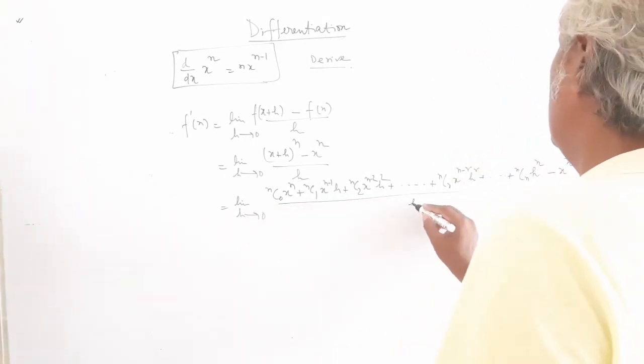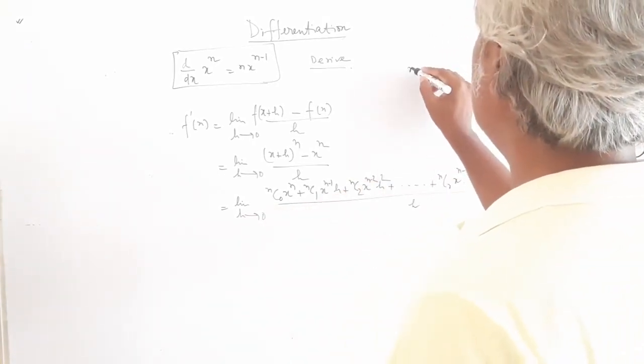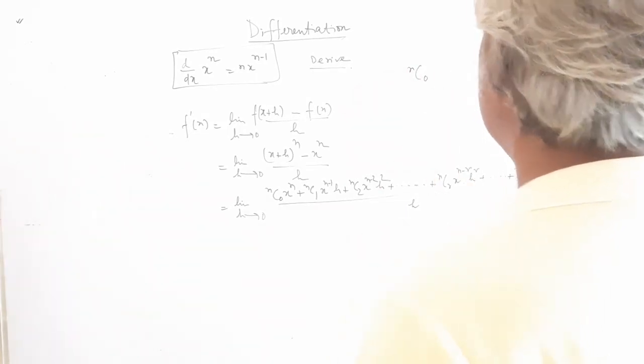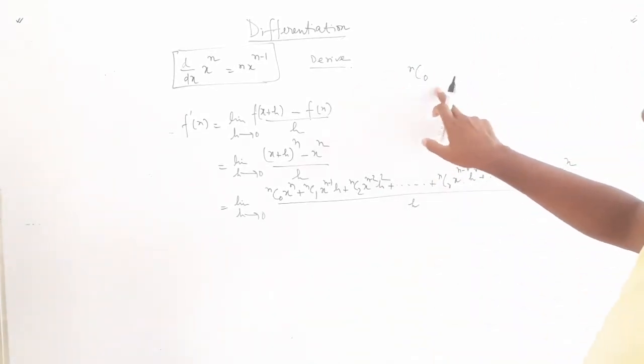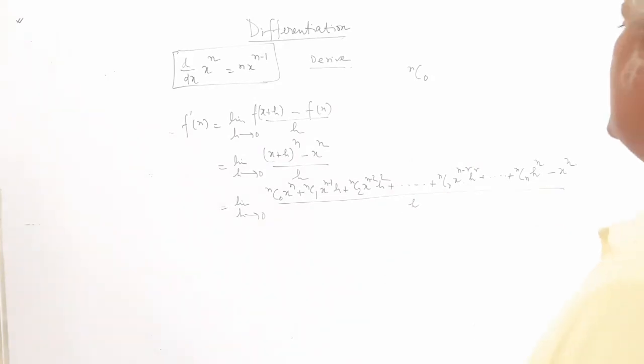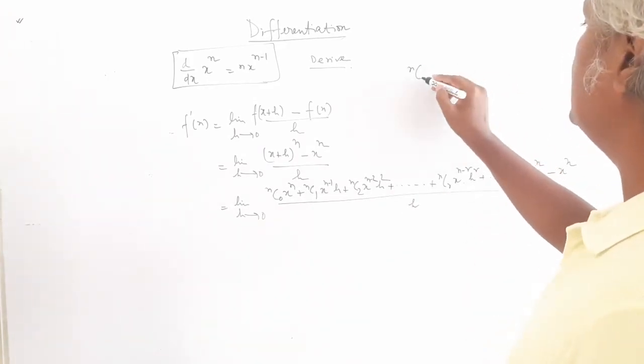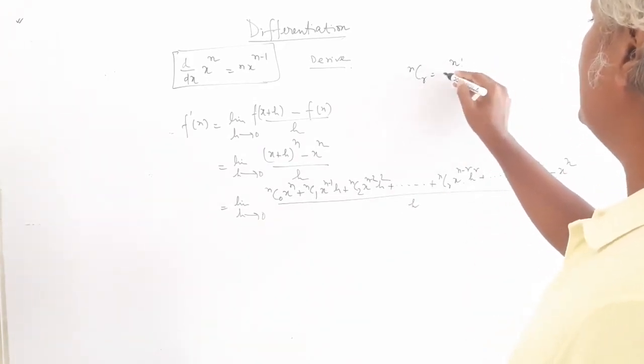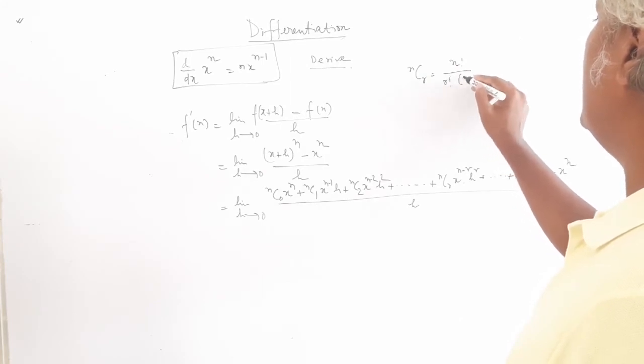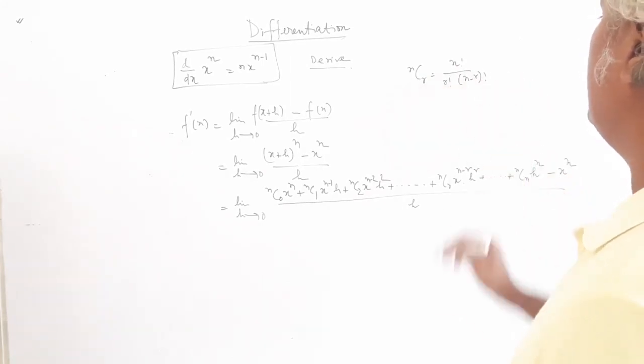over h. Now this nC0, those who have studied combinations know that nC0 is the combination of 0 things taken out of the n things, and the formula for nCr goes like factorial n over factorial r, and this is n minus r factorial.